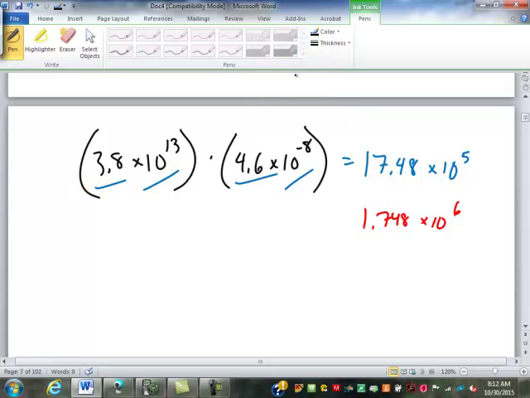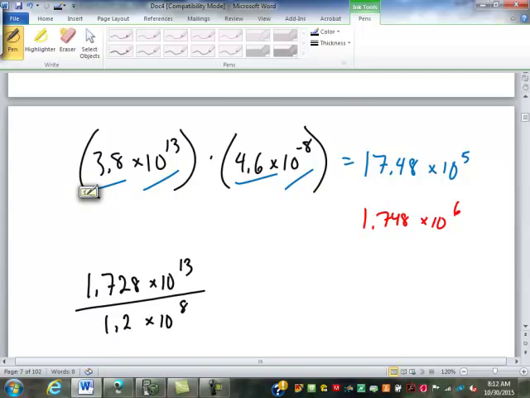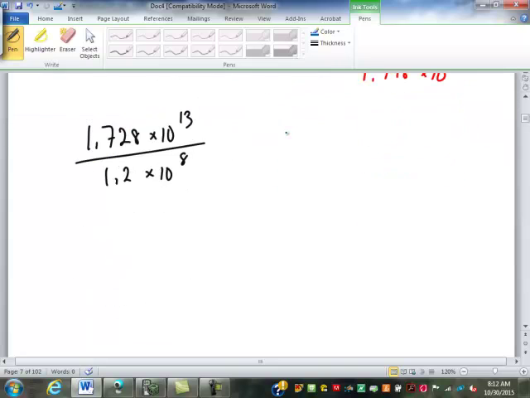We can divide. Not near as bad as it looks. We're going to divide the counts. 1.728 divided by 1.2 is 1.44. 10 to the 13th divided by 10 to the 8th.